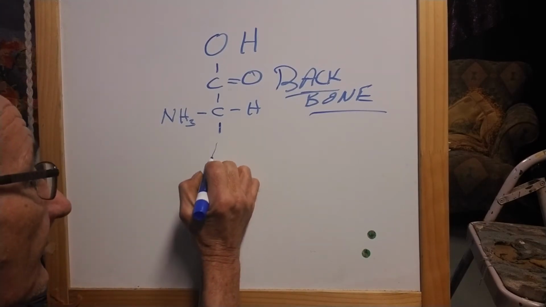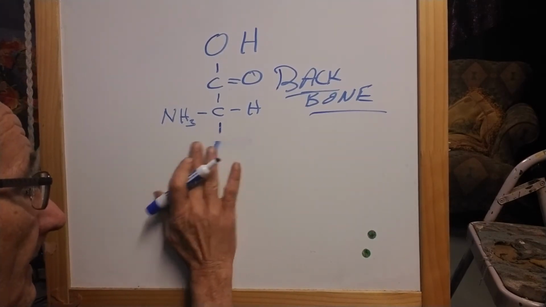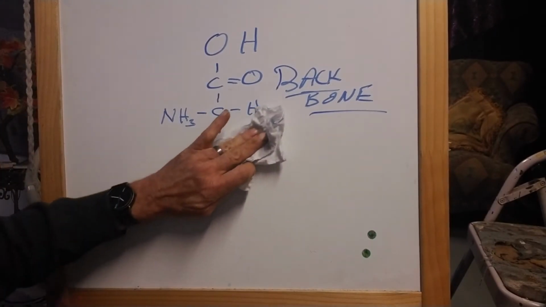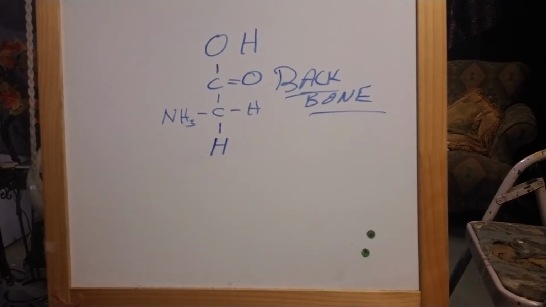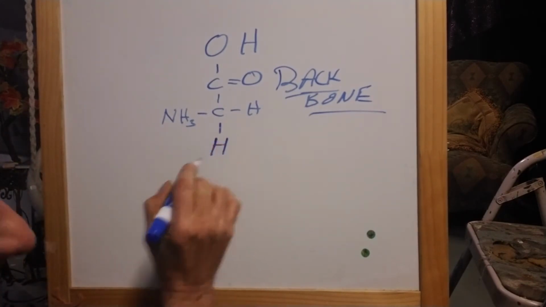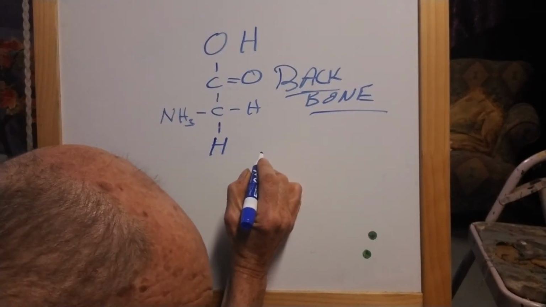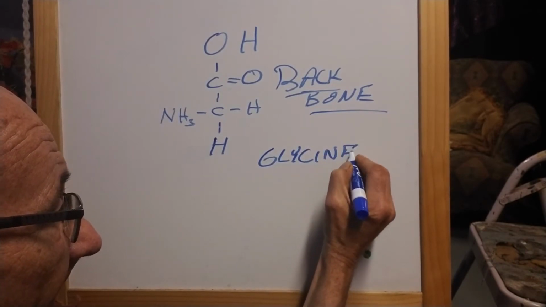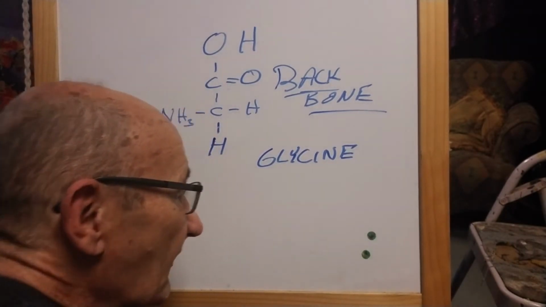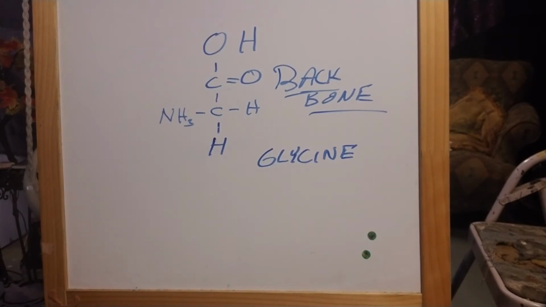For example, the most simple amino acid is just another hydrogen here. This is a non-essential, and it's called glycine. Some of these names, as we go through them, you will have heard of at one time. You may say, hey, I've heard about glycine. That you need that for your nutrition, or to live. But this is the first. This is the most simple.